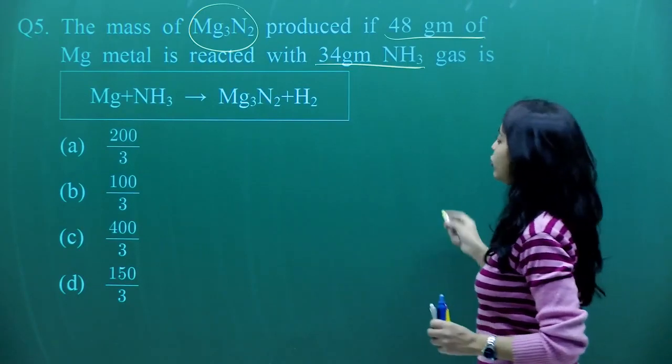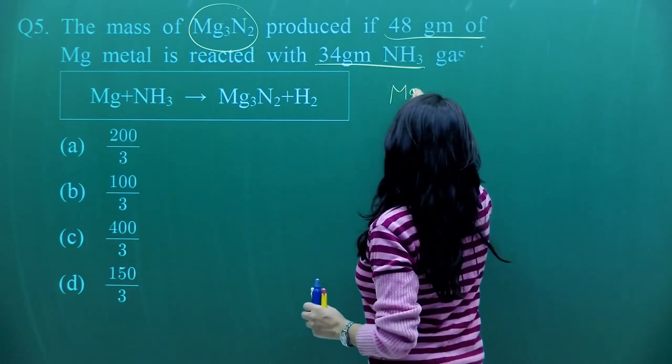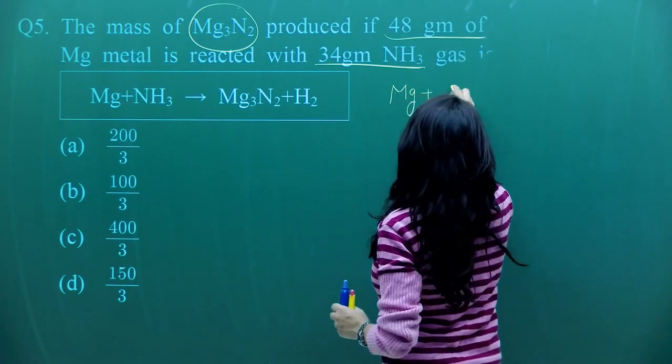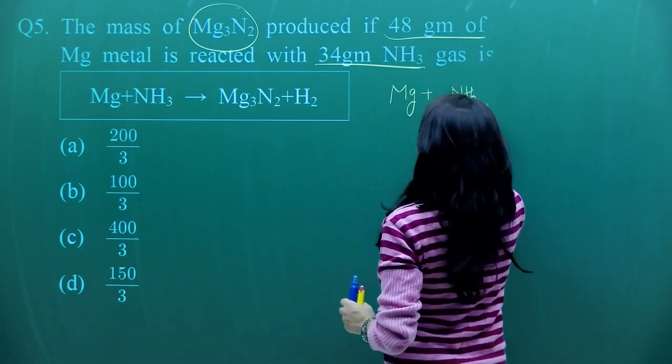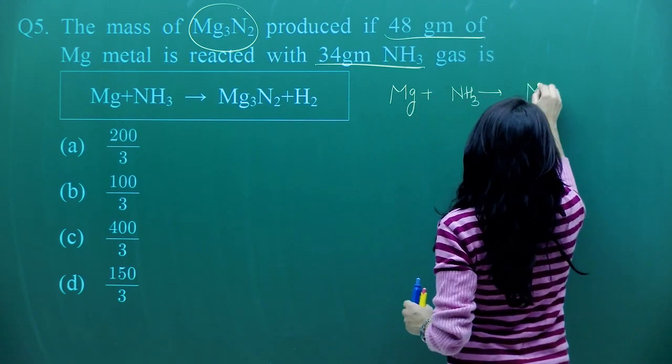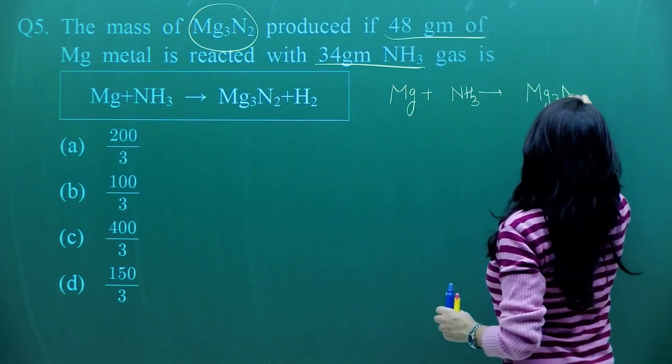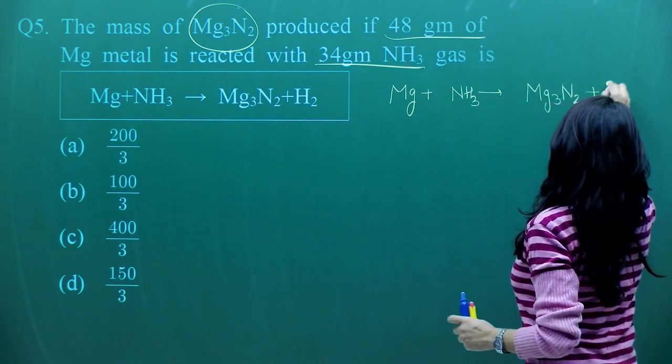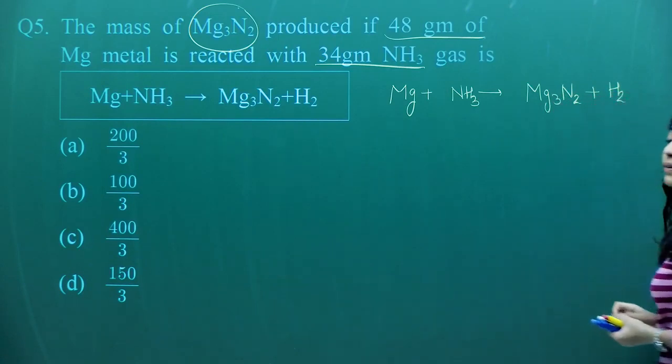So finally I need to begin up with the equation. Mg plus NH3 to form Mg3N2 plus H2, right?